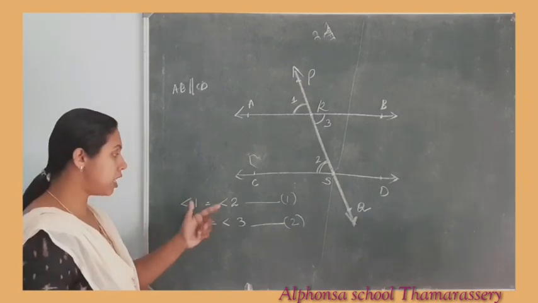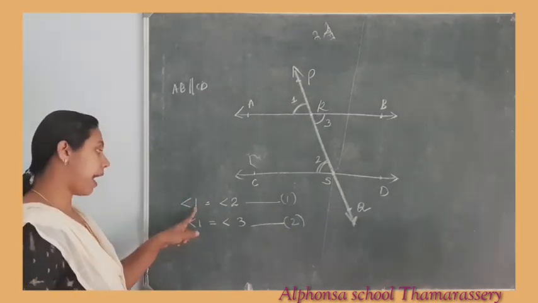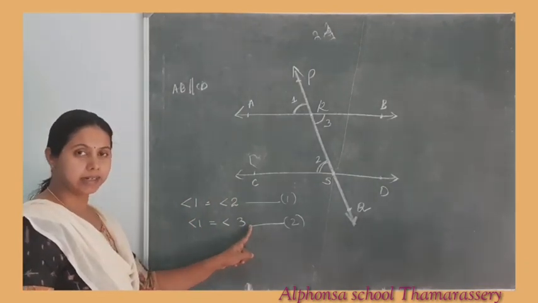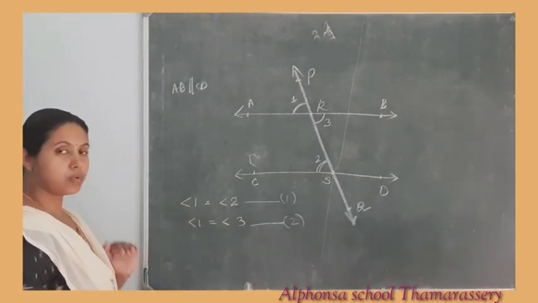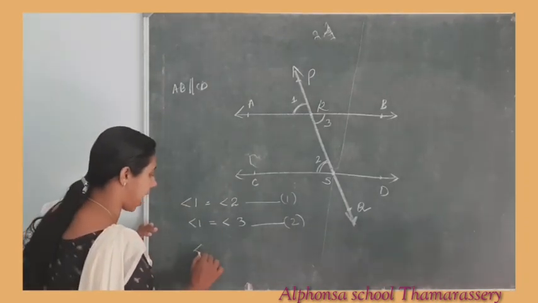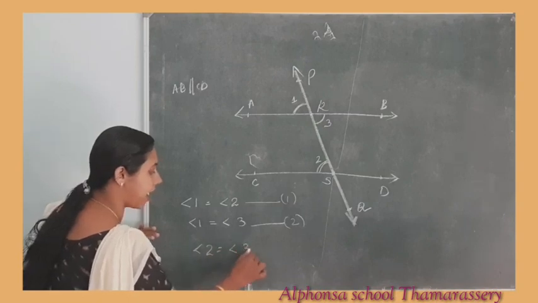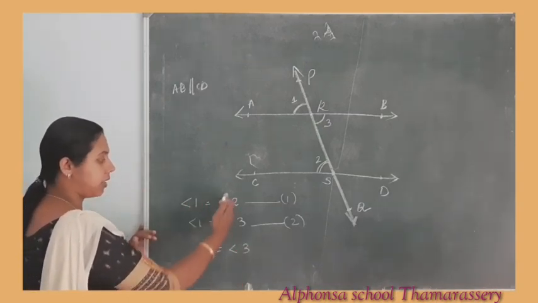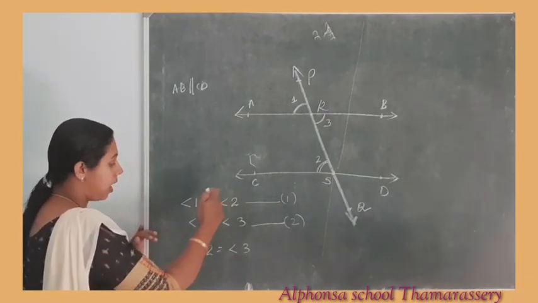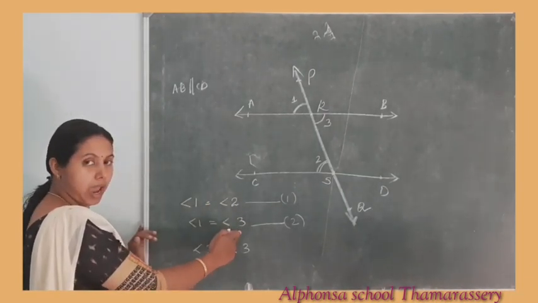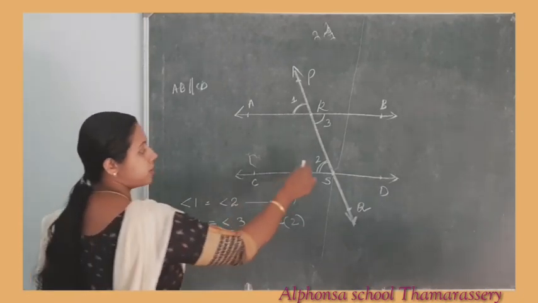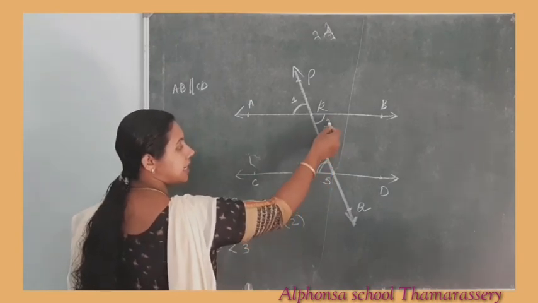Comparing them, angle 1 is equal to angle 2, and angle 1 is also equal to angle 3. So angle 2 is equal to angle 3, because if the LHS are equal, then the RHS will be equal. Therefore, angle 2 equals angle 3. What are these two angles? They are alternate interior angles.